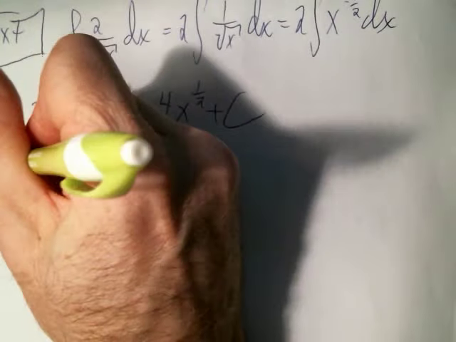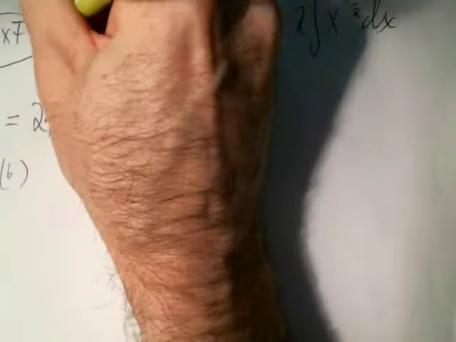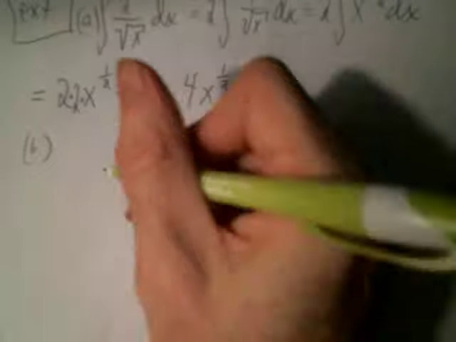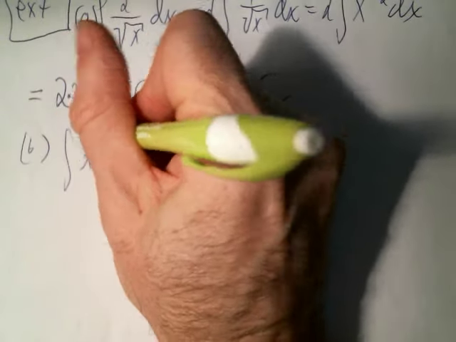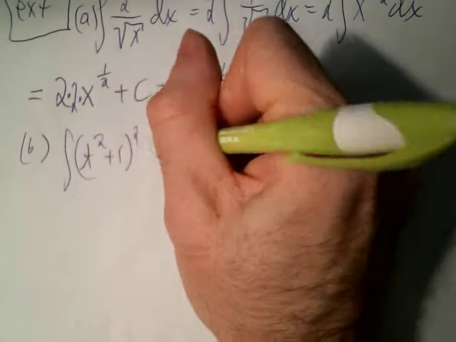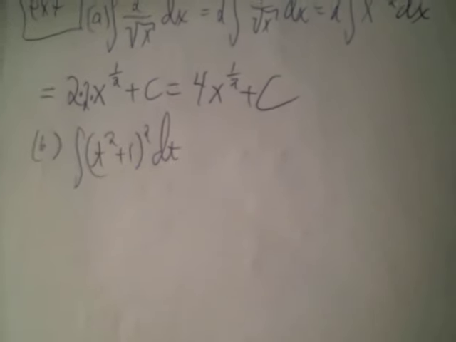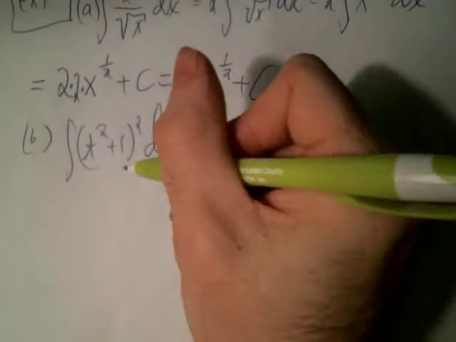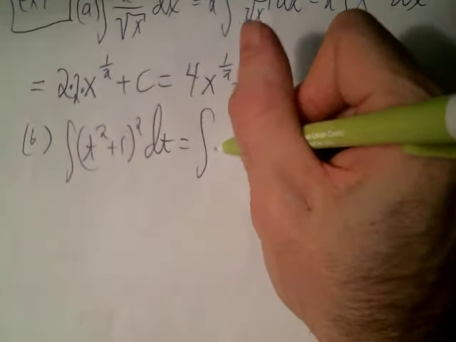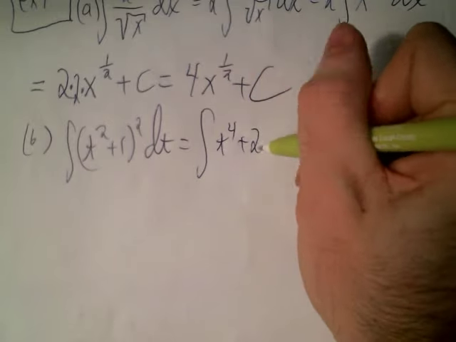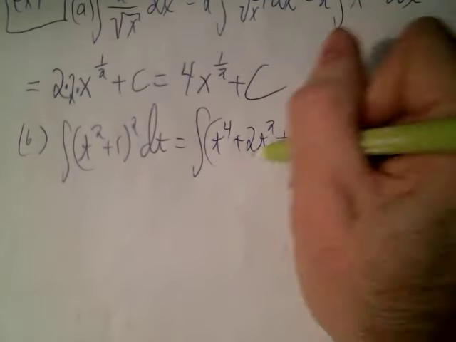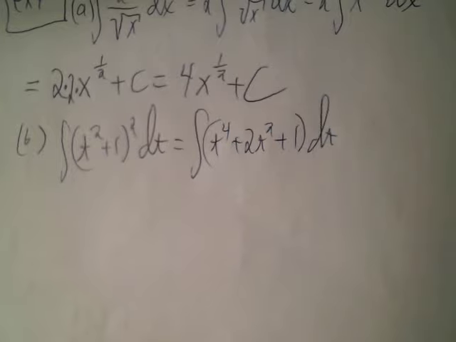Let's get part B. This is part A. Part B, the integral of t squared plus 1, squared, dt. We're going to have to FOIL that out. So we get t to the 4th plus 2t squared plus 1. And then it's just power rules.